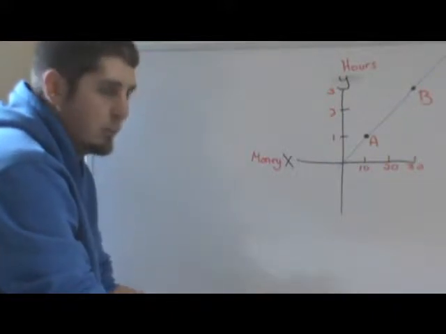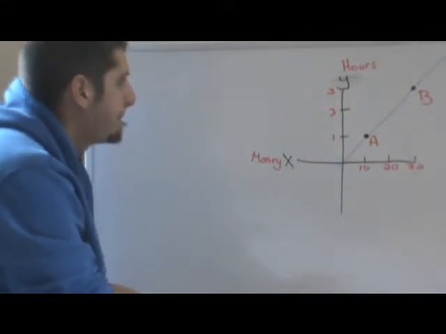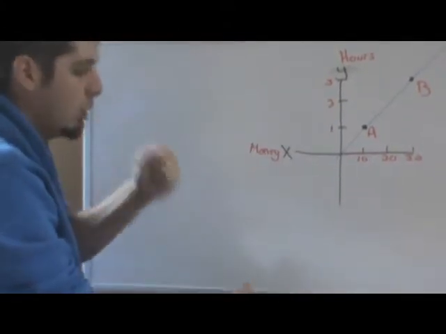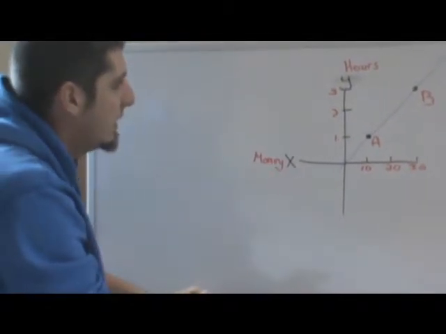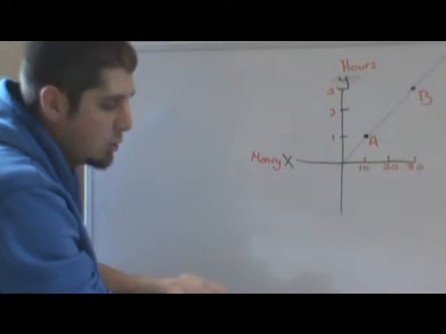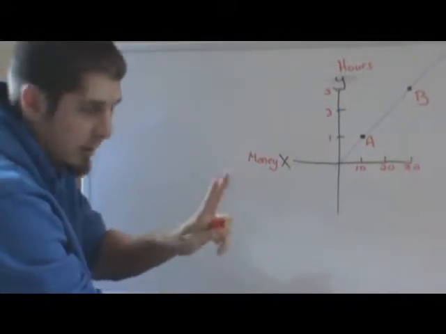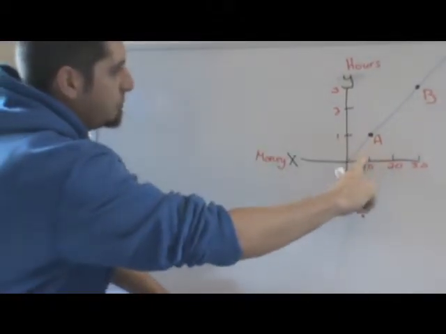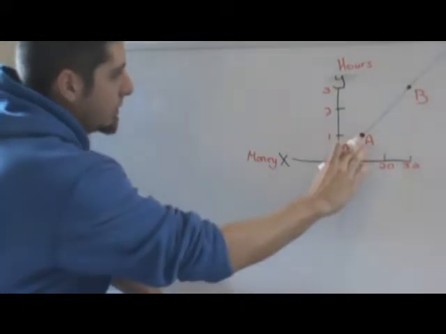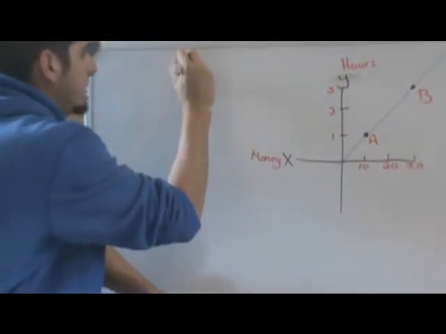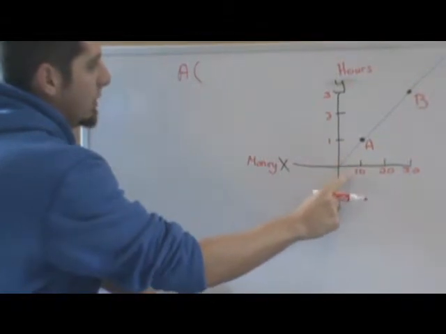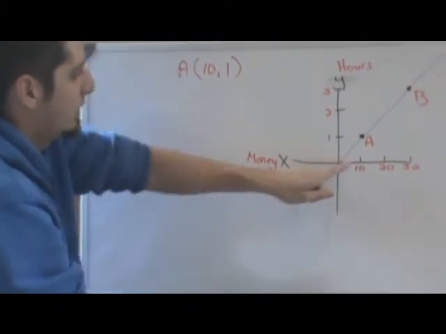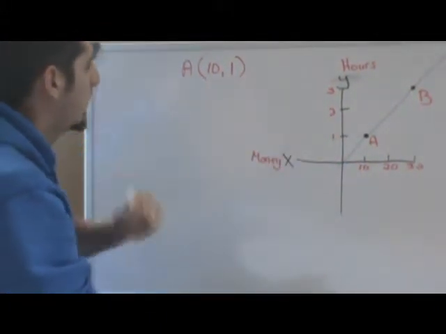Not all lines are going to have the same slope or rate of change, but you will use the same method to find slope or rate of change in all of your lines. And all you need in order to find slope or rate of change are 2 points on that line. So for example, if you turn these points into ordered pairs, point A would be ordered pair 10, 1, because the x-coordinate would be 10, the y-coordinate would be 1.